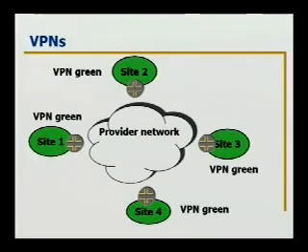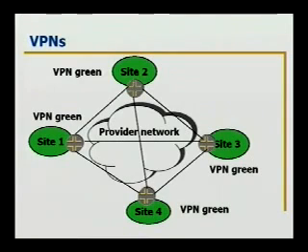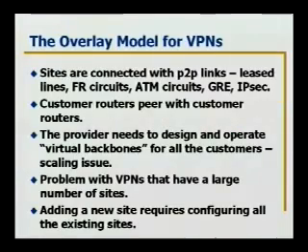So what does it look like? The picture looks like this. We have a few different sites, and they're not interconnected between them. What we want to do is achieve connectivity between them across the provider's networks. The first models of VPNs were the overlay models, where we would actually do physically what I just showed conceptually in the picture before. We would connect all these sites with point-to-point links, frame relay circuits, ATM circuits, whatever.